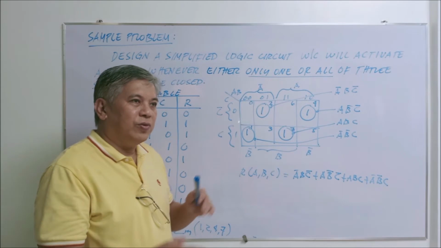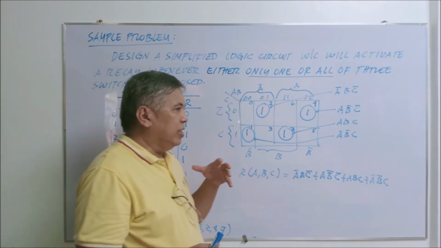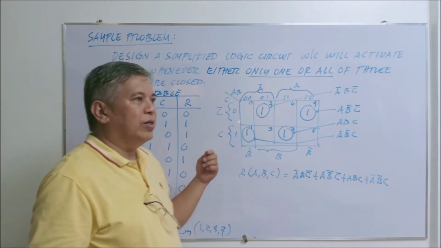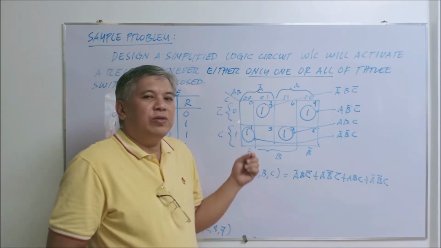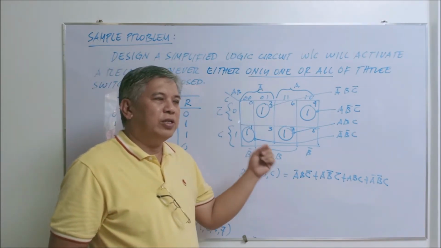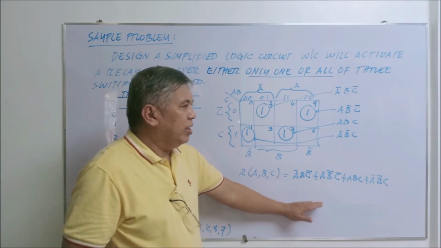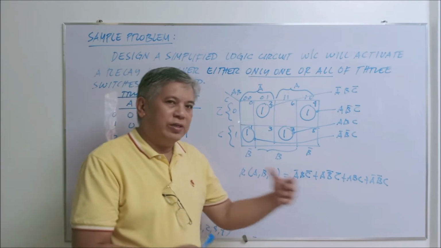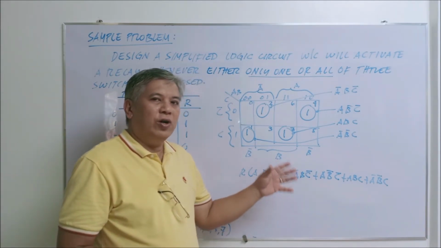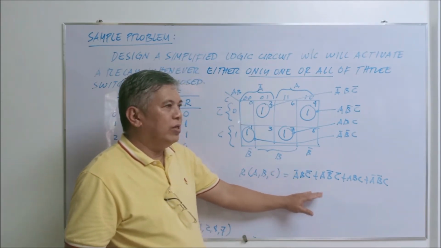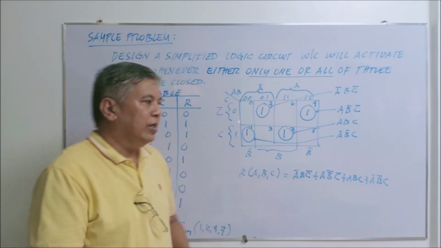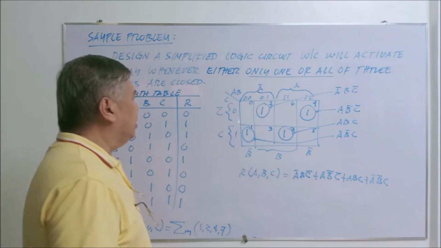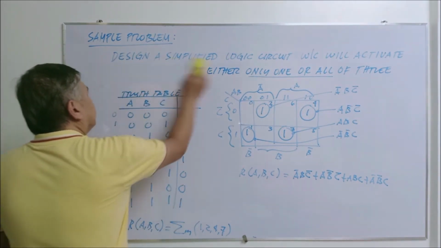So the equation that we derived last time during our discussion on deriving Boolean algebra equations is the same as the equation we derived here, meaning this one is already a simplified equation. Okay? So how do we represent that in our circuit?